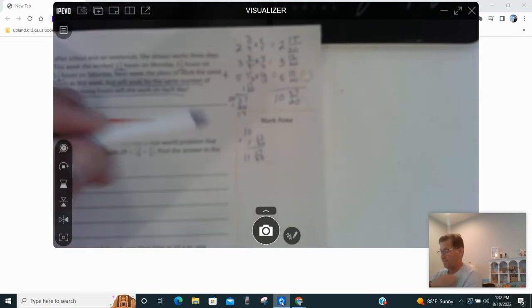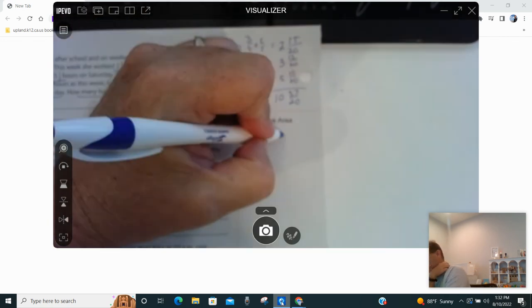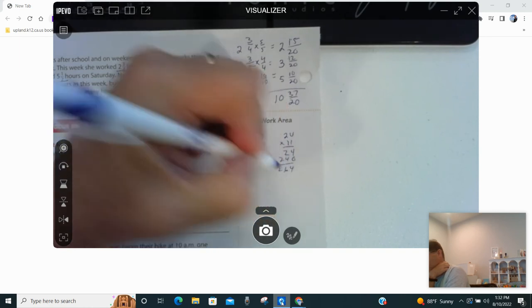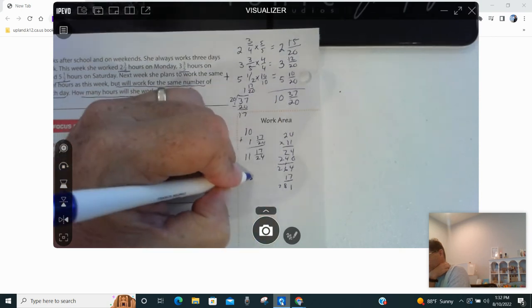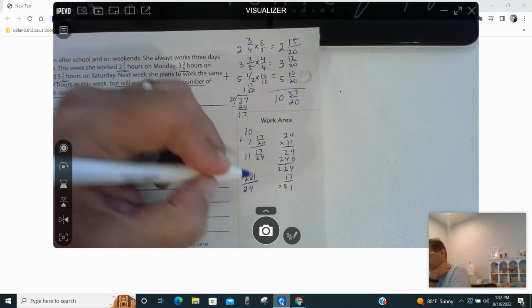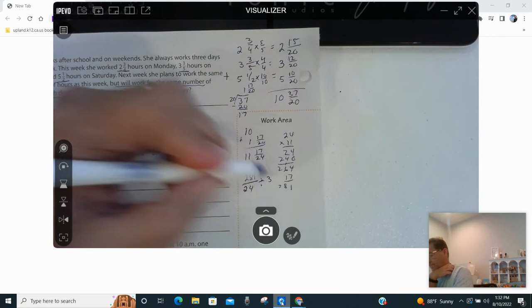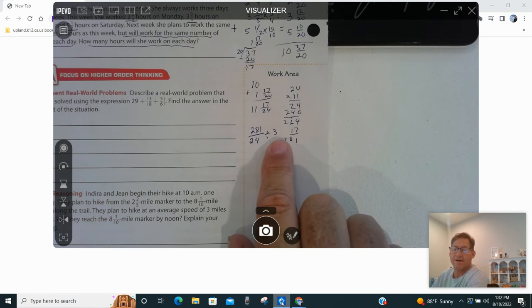So if we change that into a fraction greater than 1, okay, so we're going to have the amount of hours that she worked, 281/24, divided by 3, because again, she's going to work three days next week.